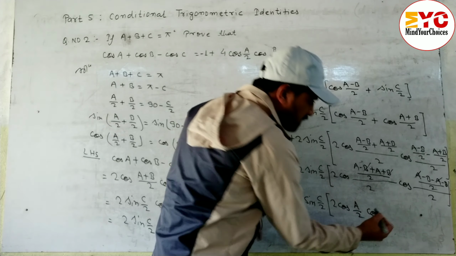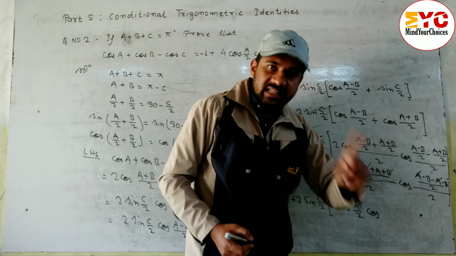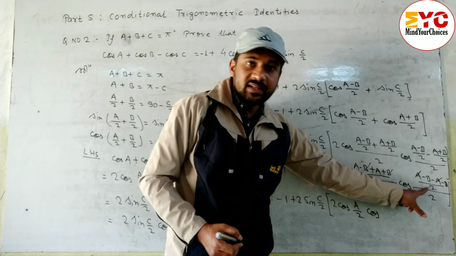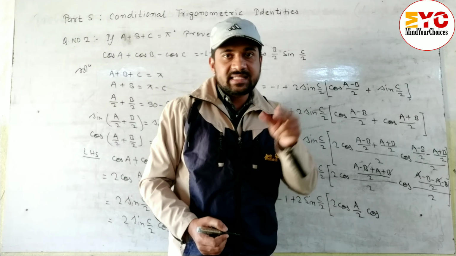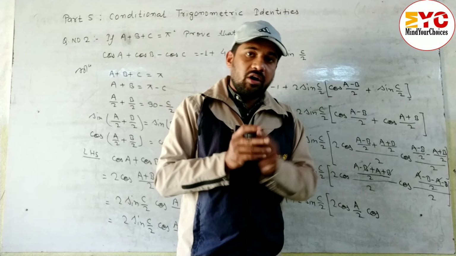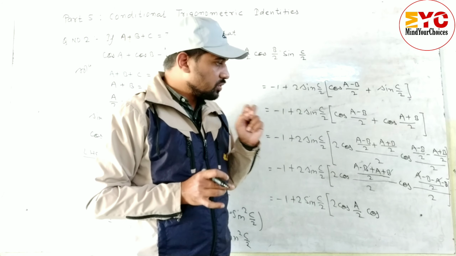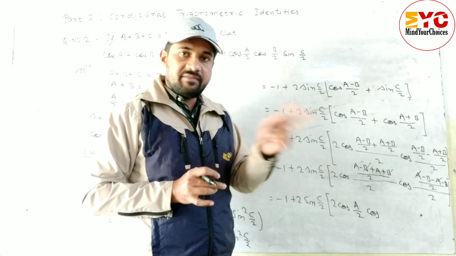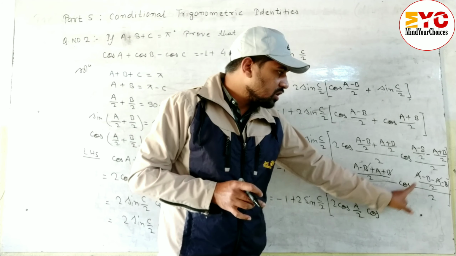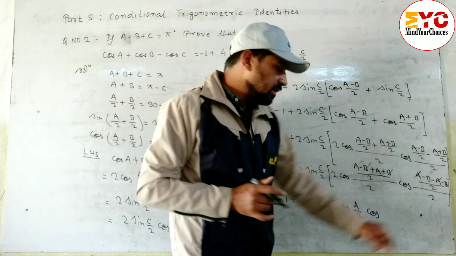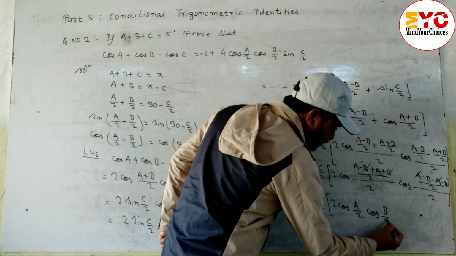Similarly, cos minus B means minus 2B, and here the 2 cancel, so remaining minus B by 2. When cos minus A, it will be cos A. In so many videos I already told you, when cos is in the form of negative, we can write cos minus theta will be cos theta. So here also cos minus B by 2 will be cos B by 2.